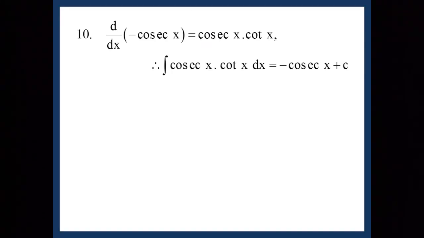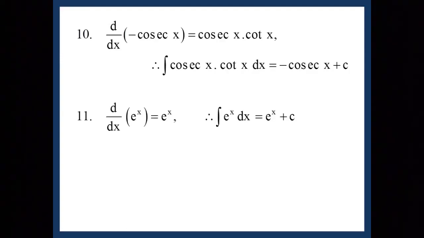What is the derivative of e raised to x? e raised to x, and therefore the antiderivative, that is integral e raised to x dx, is e raised to x plus c. d/dx of a raised to x upon log a is a raised to x. Therefore, integral a raised to x dx is a raised to x upon log a plus c.